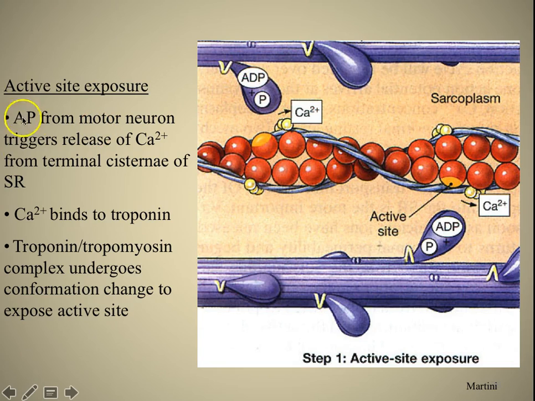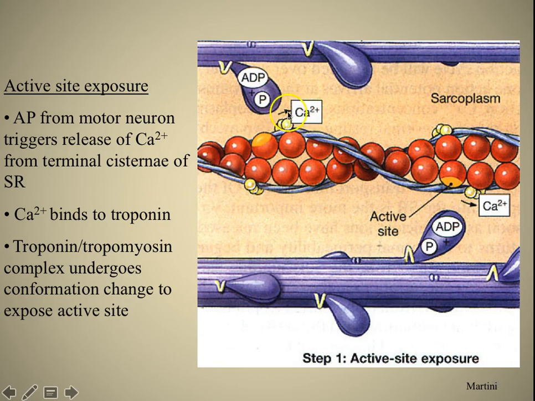So an action potential, that's what AP here stands for, an action potential from a motor neuron, is going to go across that sarcolemma, it will go down those transverse tubules, and it will trigger the release of calcium from the sarcoplasmic reticulum. Okay, so the sarcoplasmic reticulum empties all this calcium. That calcium makes its way and binds to the troponin. Okay?